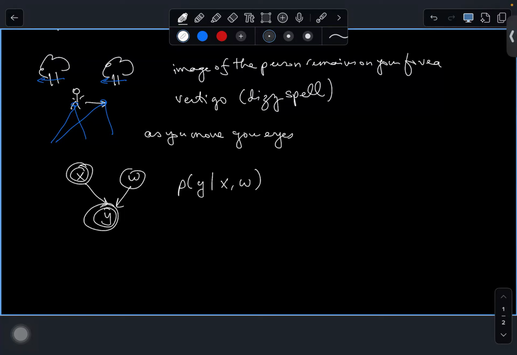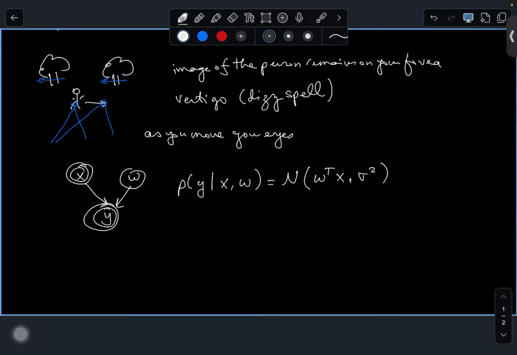So let's begin with a generative model, which says, what's the statistical relationship between these things? Well, a simple way to think about it is that this is a normal distribution. So if you had given me X, I would say, all right, multiply X with W, that would be the mean of your distribution. And then there's some variance, sigma squared, that describes the variance of your distribution. So this is a linear regression model.